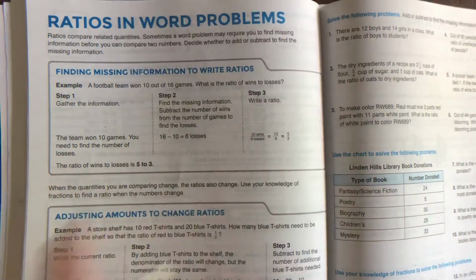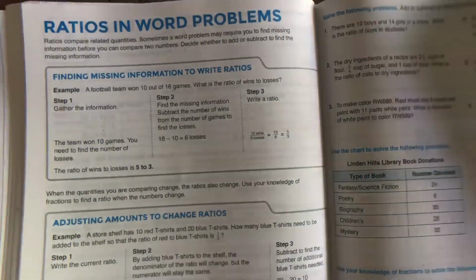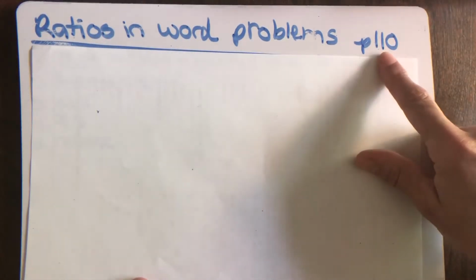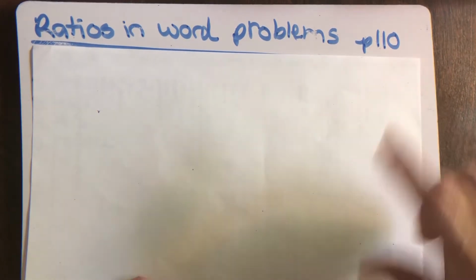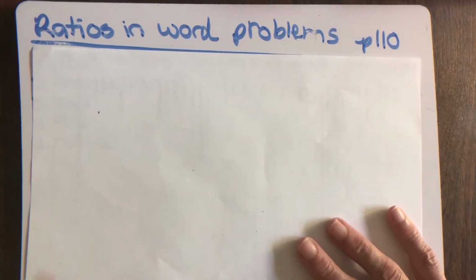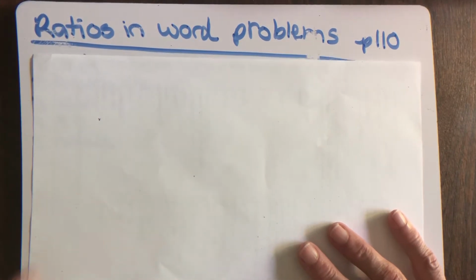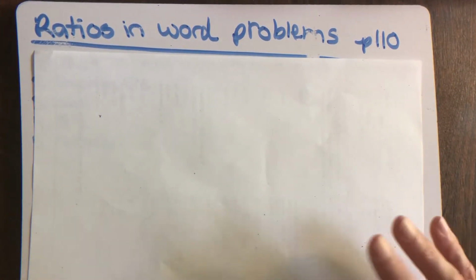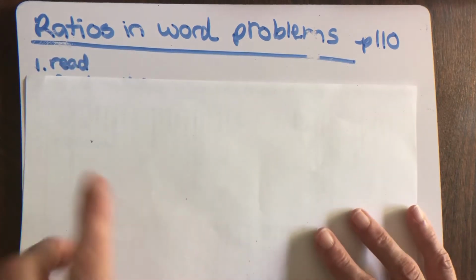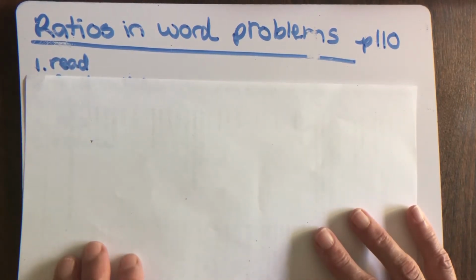Remember that ratio is a very simple concept, but sometimes they can change that problem up and make it look more complicated. So I'm on page 110, and let's just review how to do a ratio problem. They're so easy, we really don't want to miss these. So it's important to follow our steps. We want to read the problem.